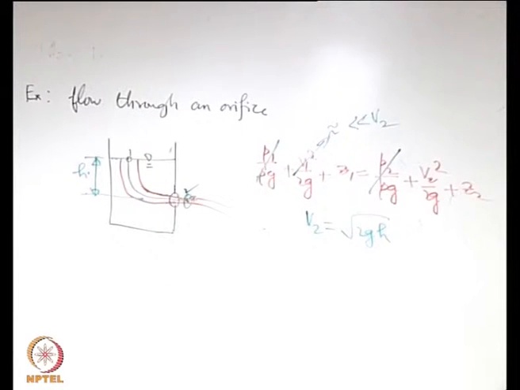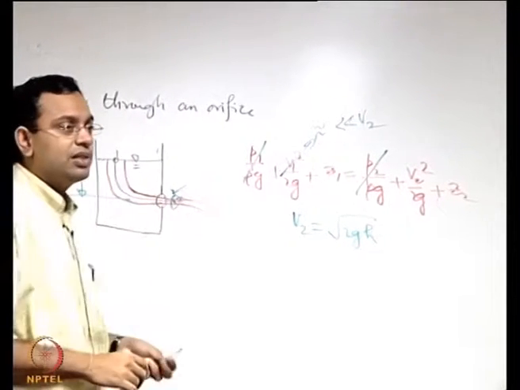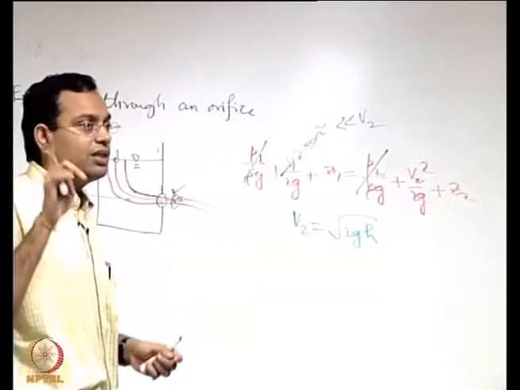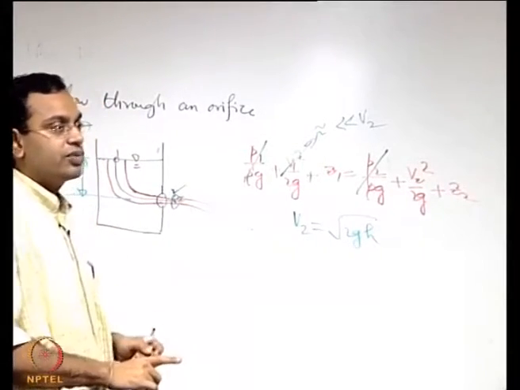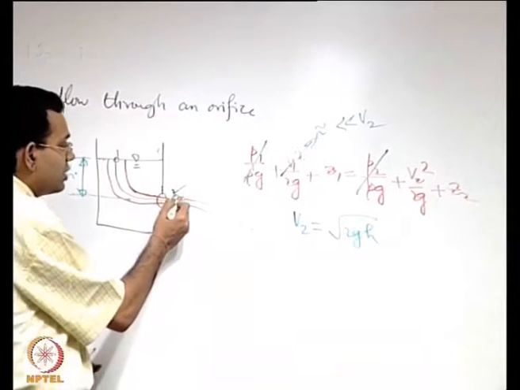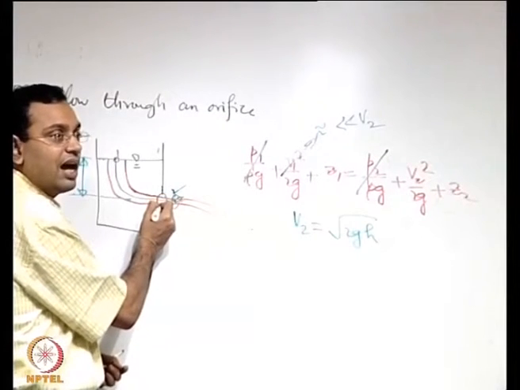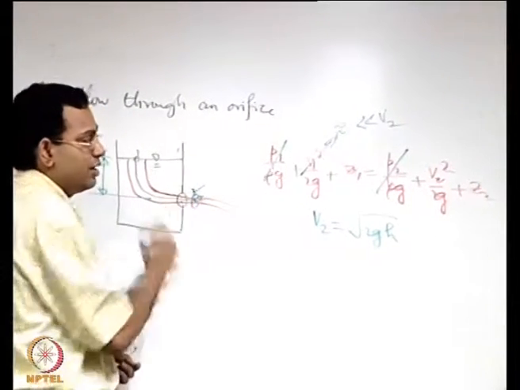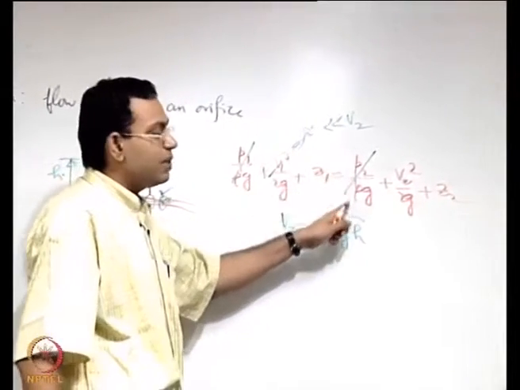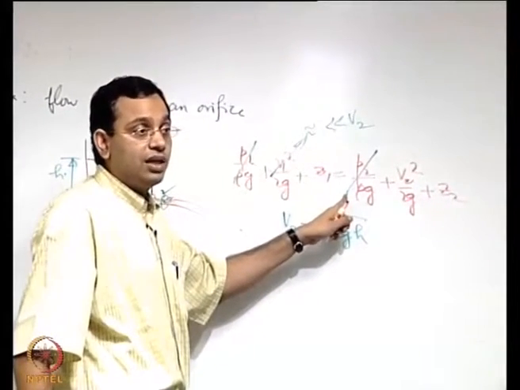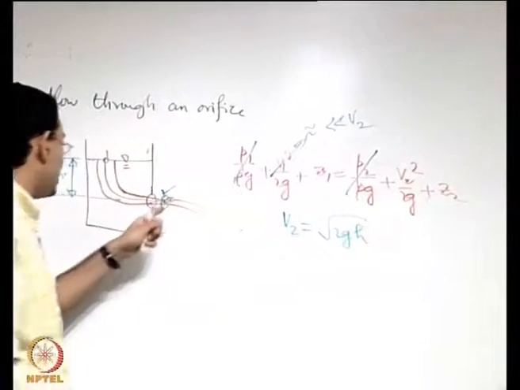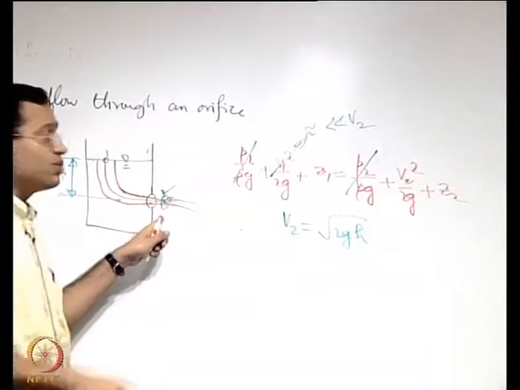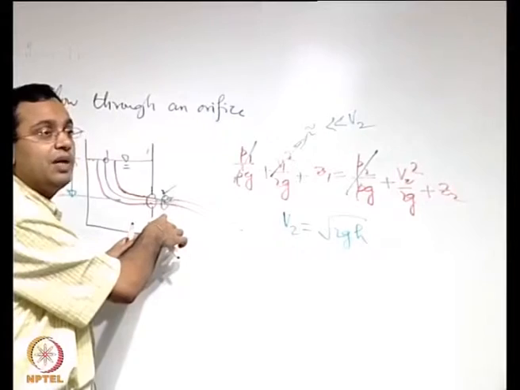You know this from high school physics. Question is, other than the approximation that we made, what is one very important deviation that we have made from the high school physics? We have not considered the area 2 to be at the tank orifice. Why? Because we have considered the pressure at 2 to be P atmospheric. If there is a serious streamline curvature, then there is no guarantee that throughout 2 the pressure is P atmospheric.